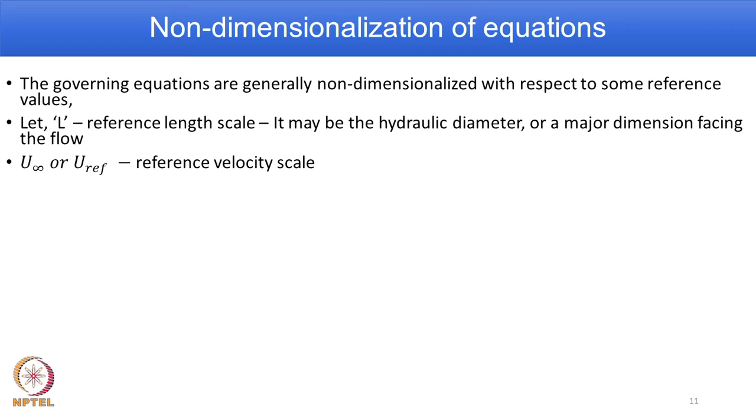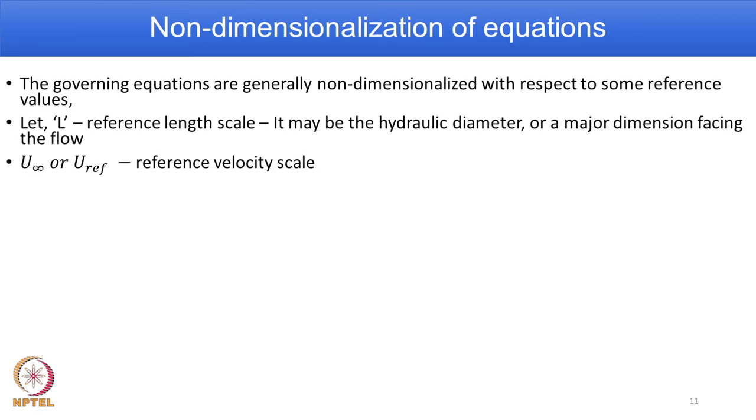If the inlet is a parabolic profile, either the bulk velocity or the maximum velocity can be a reference velocity scale. If you consider flow over a flat plate, the free stream velocity u infinity can be a reference velocity scale. So, one needs to identify the reference length scale and reference velocity scale.